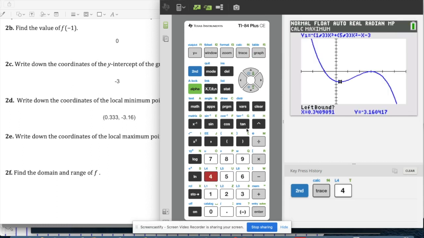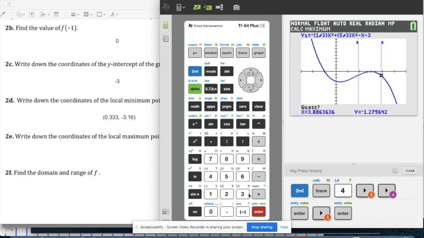And I want to find the maximum. I can shortcut to 4. And I want to do left and right bounds around that maximum. So I'm going to go left bound before the maximum, right bound after the maximum, and then confirm that the maximum is, with the third entry, 3. And then this is a very small number. This is 10 to the minus 12.